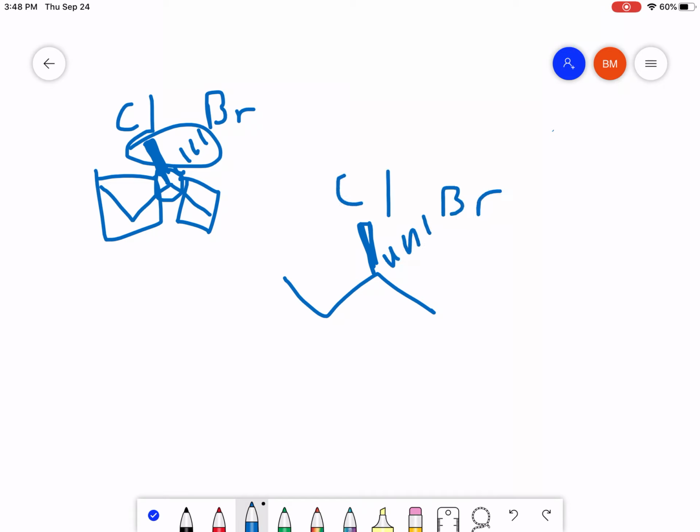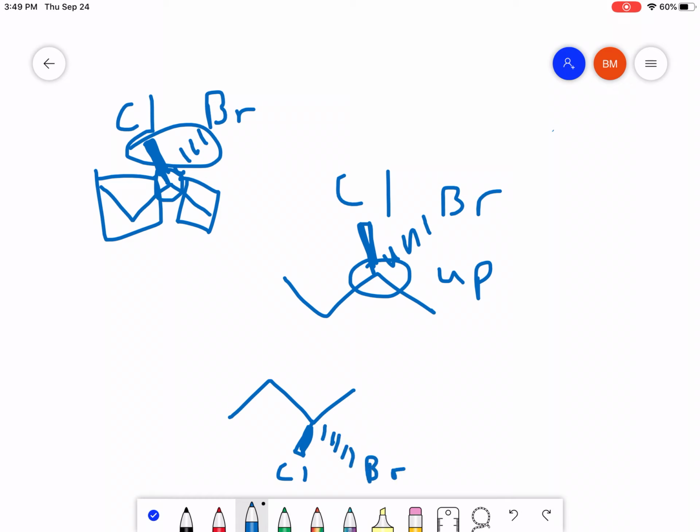All right, this carbon right here is pointed up. It's on an up zigzag, so that means you point the Cl and the Br up. If you had something like this, if I had drawn it differently, the wedge and the dash would have pointed down.